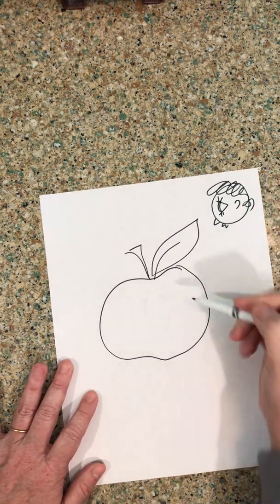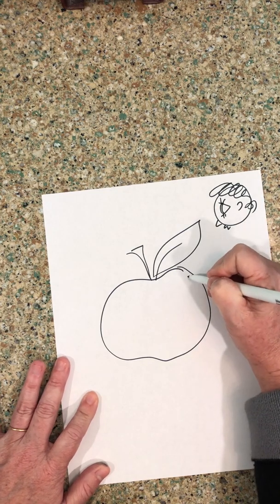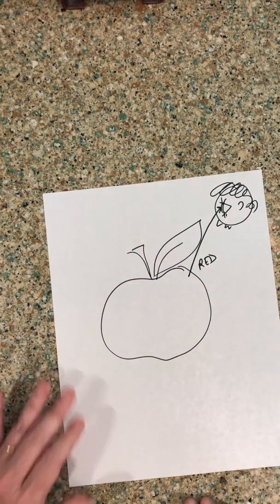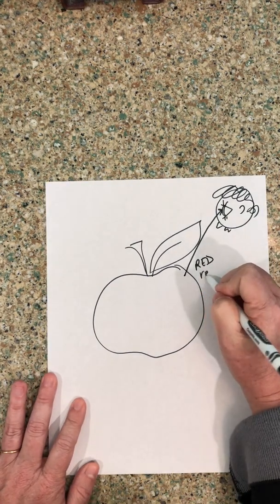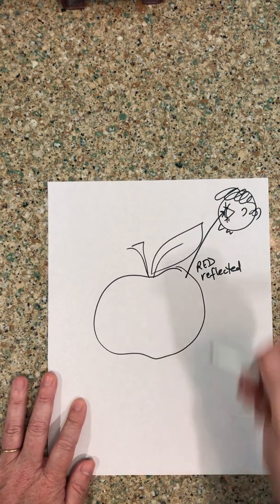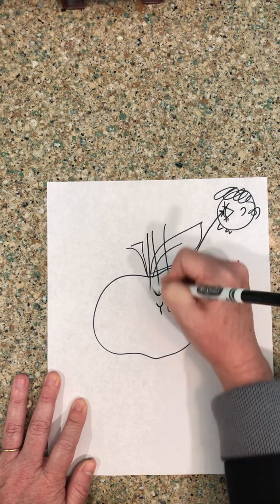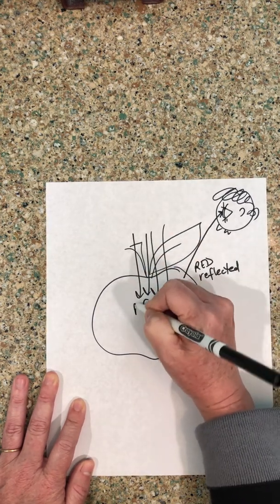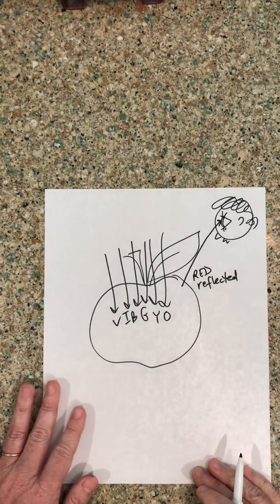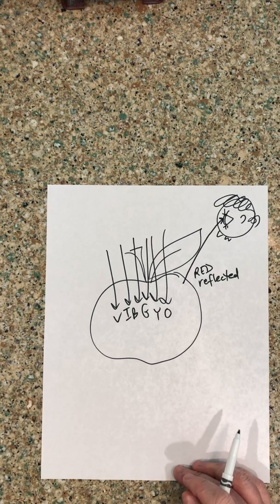Okay, so you are seeing the apple, and the reason you are seeing the apple as red is because red is the color that is being reflected. Okay, so it's bouncing back into your eye. So the apple is absorbing the orange, yellow, green, blue, indigo, and violet, but it is appearing red to you because that is what's being reflected back into your eye.